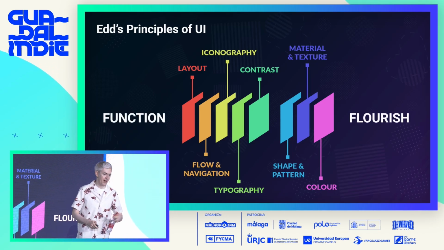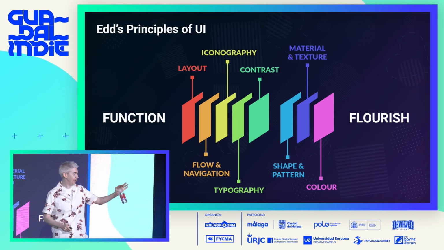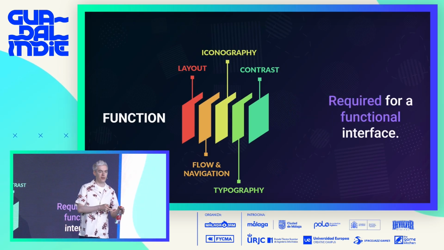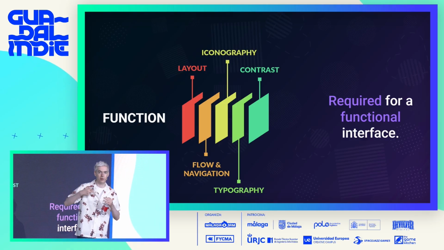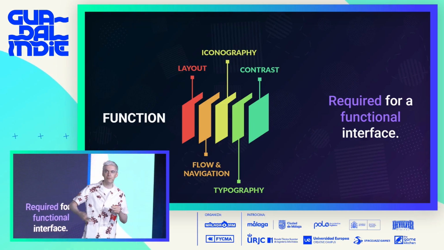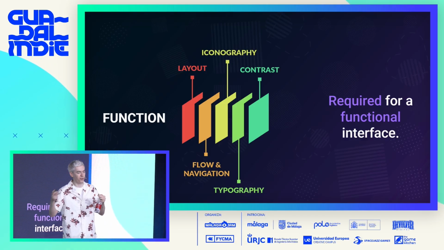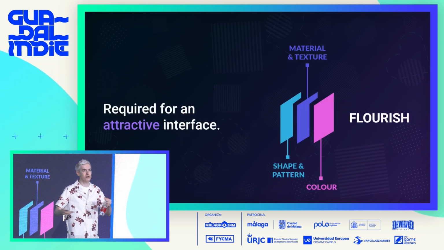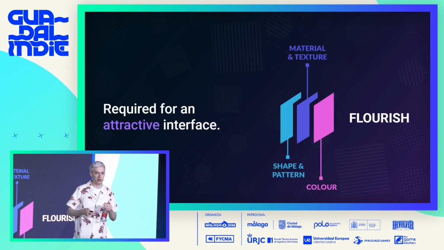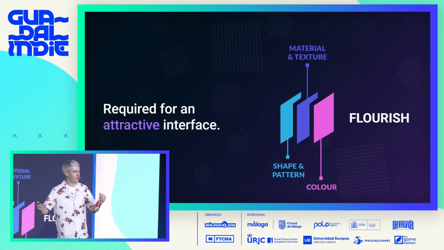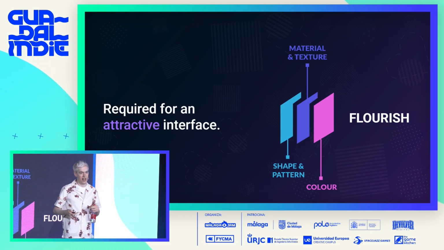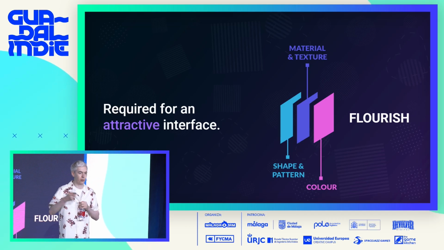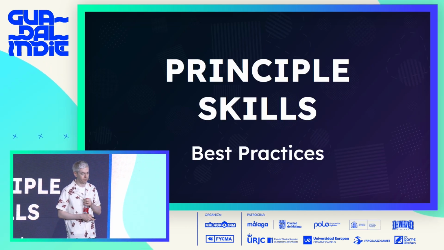We have functional principles on the left, and flourish principles on the right. Your functional principles are required for a functional interface. They tie more into UX than UI, but there is still some overlap. Whereas flourish is purely for aesthetic. It's there to bring the game into the lore of the world, to make it look pretty and to make it work with the branding and all that kind of stuff. So this is required for an attractive interface.